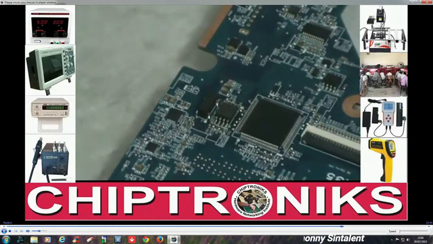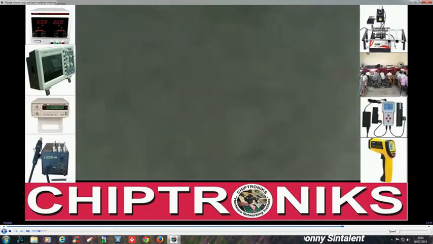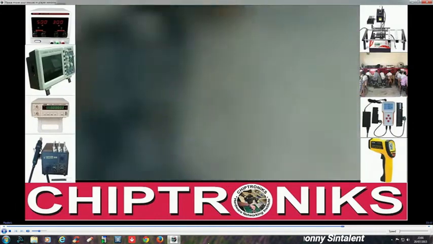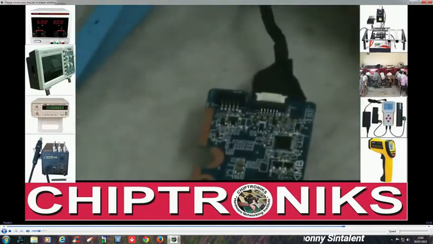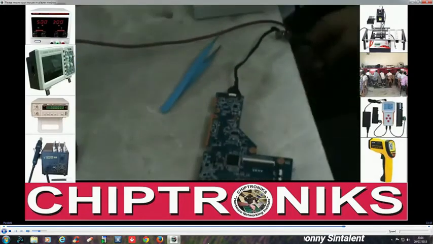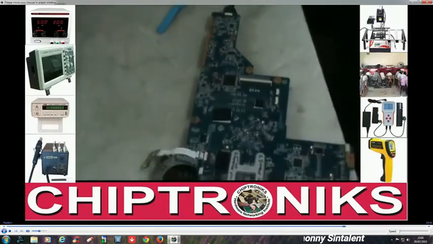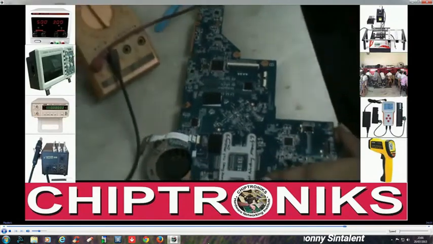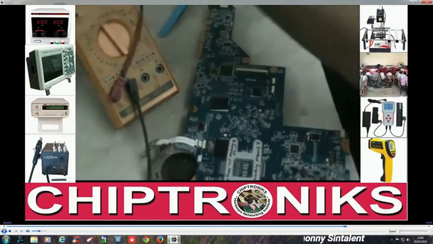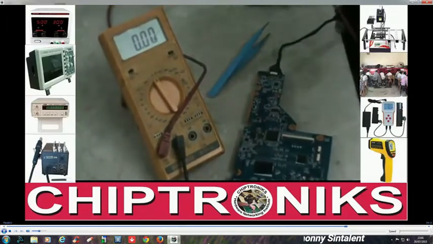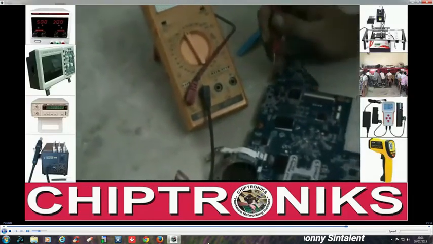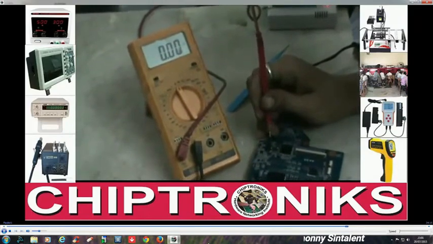Okay. Now I fix this IC, and here we check voltages again first. What was the difference after doing programming?